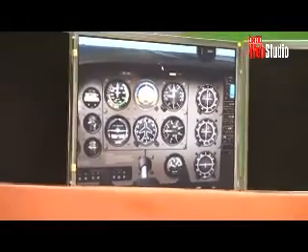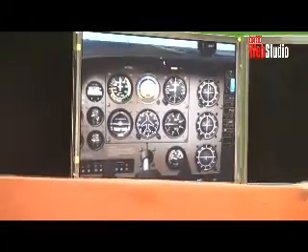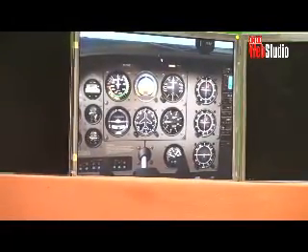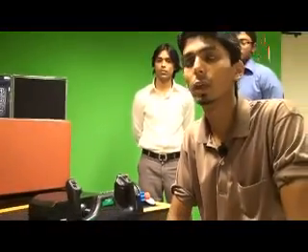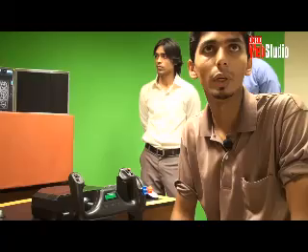We are making these instruments physically, and they would be interfaced with the computer through a serial port. The other simulators available in the market do not have these instruments physically on the cockpit, and we are giving it a real look, a real closed environment of a cockpit, so that the pilot feels he is sitting in a real cockpit.